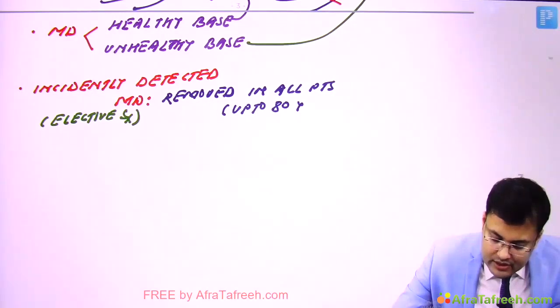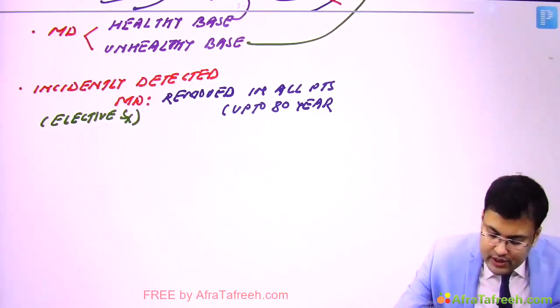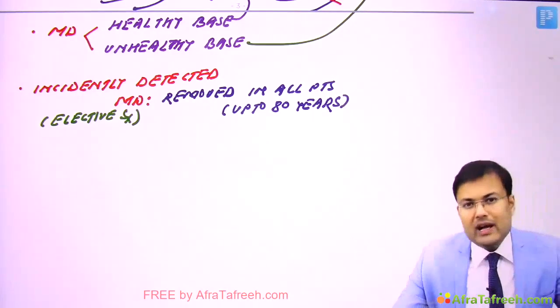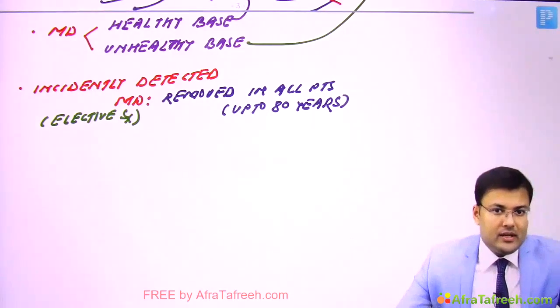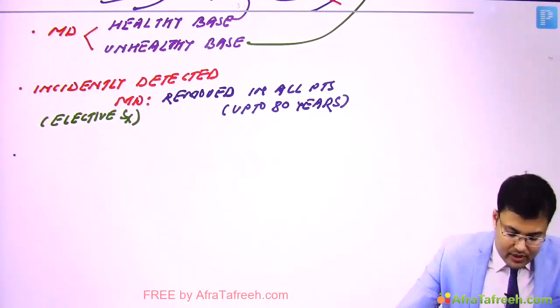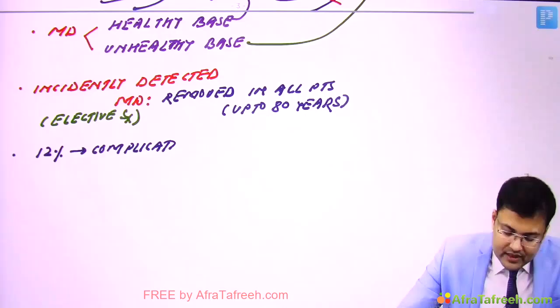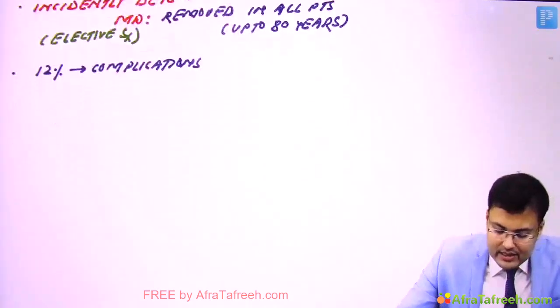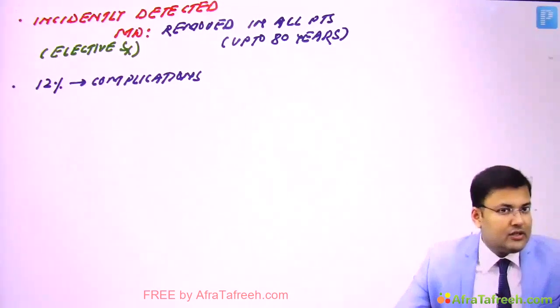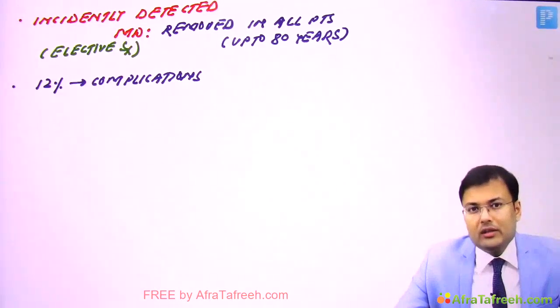Why? Because diverticulectomy is not going to increase the morbidity. But if you leave it, what's the problem? In 12% of cases, there are complications. That's why incidentally detected Meckel's diverticulum during elective surgery should be removed in all the patients.